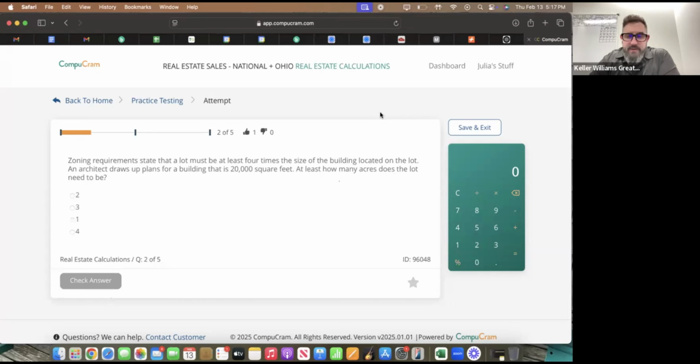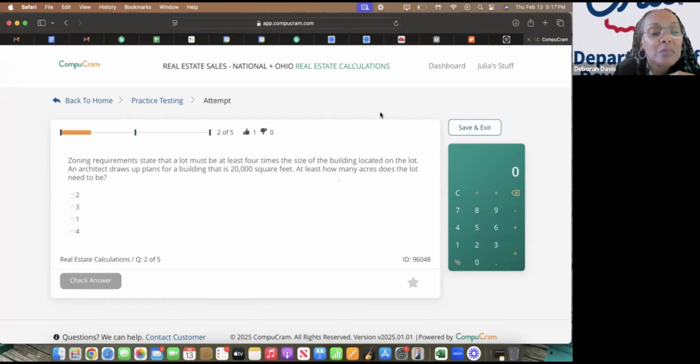Good job, Eric. You see how I got that, Deborah? No, I don't see how you multiplied. So this person is buying a piece of land and wants to erect a building on it. The building that they need for their, call it a factory, needs to be a 20,000 square foot building.